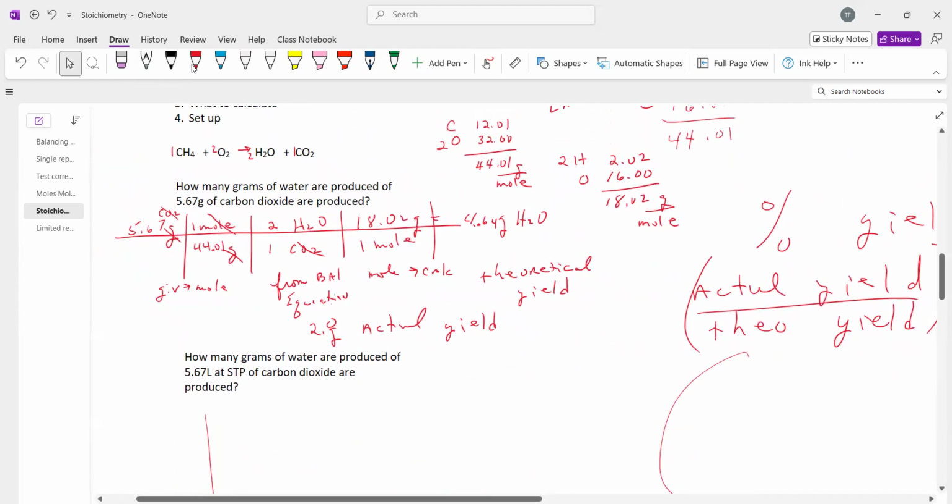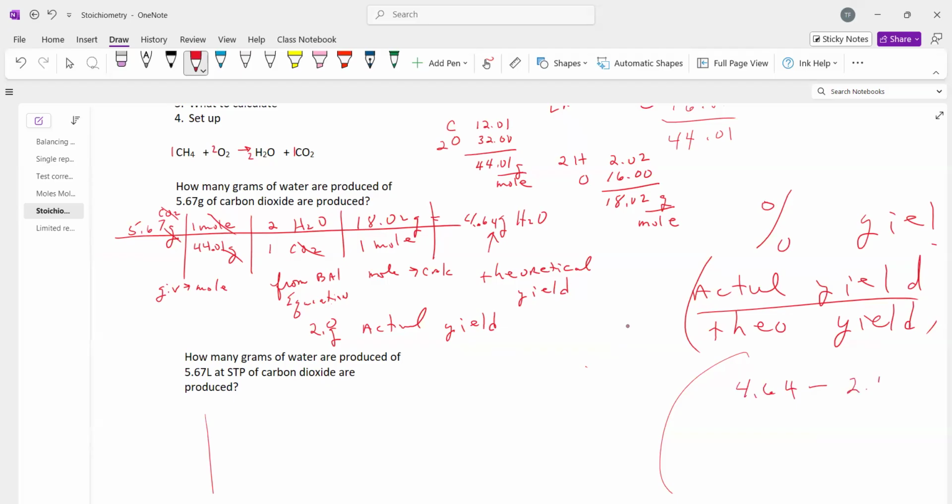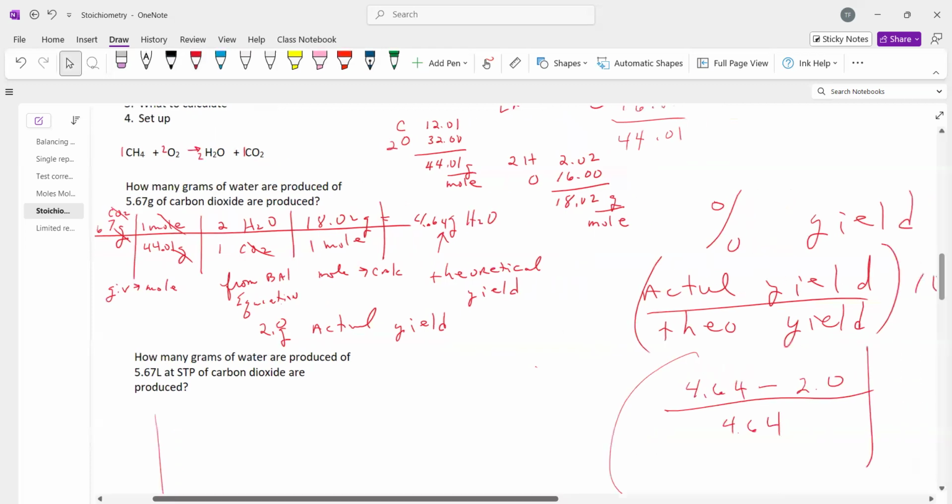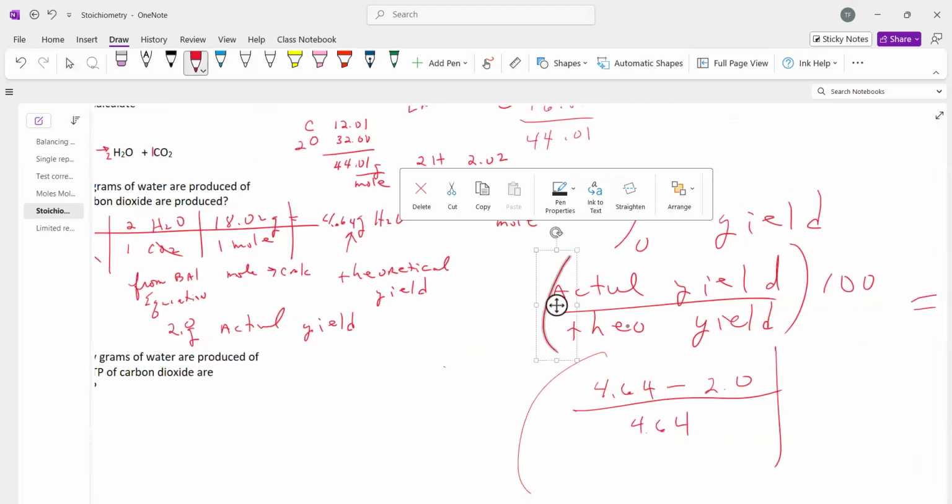So say we got 4.64 grams of water produced here, and the actual yield was 2 grams. And I would ask you, what was the yield? So the theoretical is 4.64 minus 2 all over 4.64 times 100.